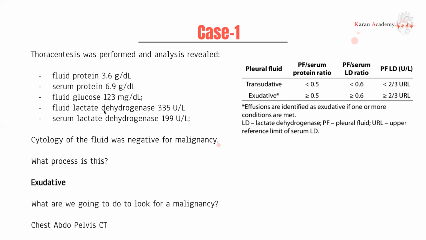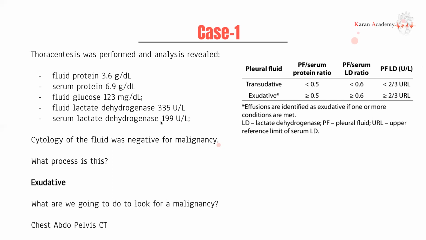We also have the fluid lactate dehydrogenase and the serum lactate dehydrogenase. If we then compare the ratio, we can see that the protein in the pleural fluid is more than half of that of the serum. So half of this would be 3.45. This is 3.6. So it's more than half. So this is an exudative picture.